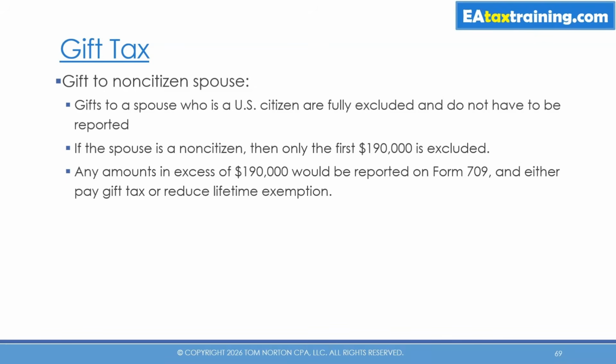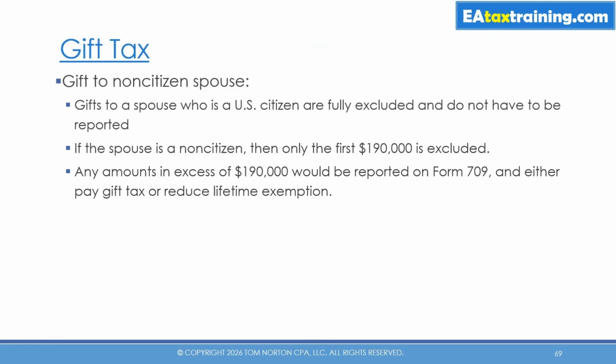Now let's talk about that gift to a non-citizen spouse. Of course, as we already said, gifts to a spouse who is a U.S. citizen are fully excluded and do not have to be reported. If the spouse is a non-citizen, then only the first $190,000 is excluded. So it's 10 times the normal annual gift exclusion amount.